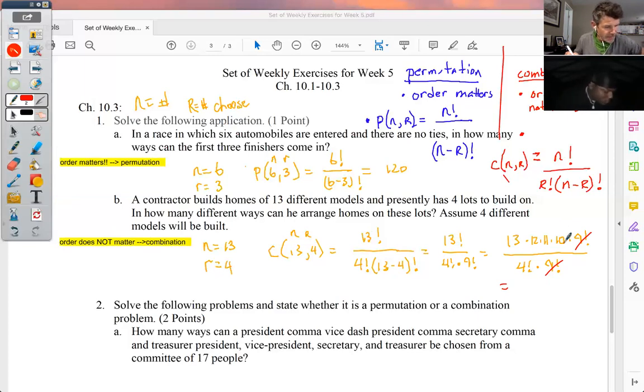So I'm going to go ahead and get that number. 13 times 12 times 11 times 10 is 17,160, divided by 4 factorial. And then you would solve that from there. I'm going to do that on my calculator, and I got 715 is what you should come out with.